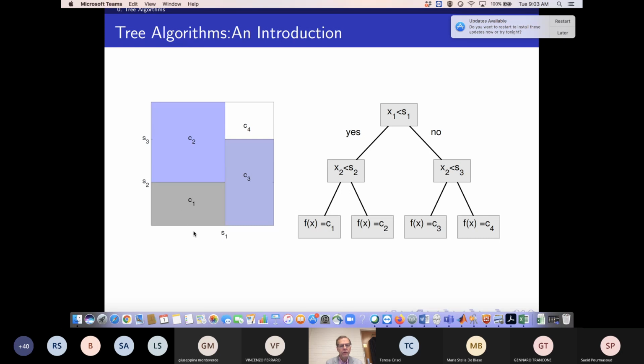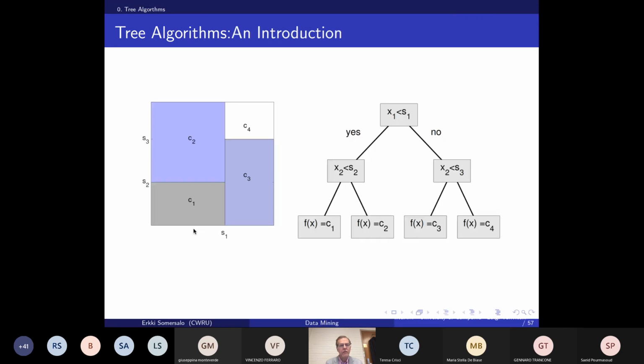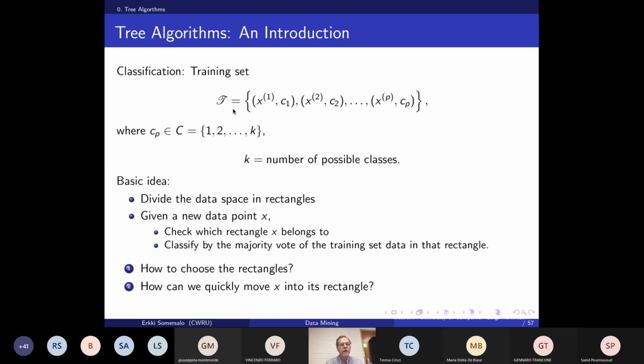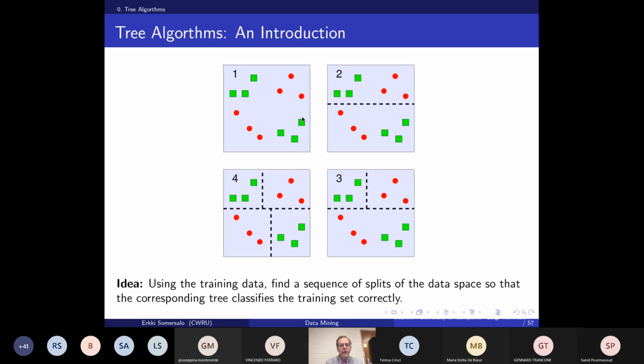So how do we make this choice? Here is my training set. You have x's and you have their classes. The idea was that you divide your data space, the data rectangle, into smaller rectangles. Once you have these rectangles, you check what sort of training data you have in each one of them, and the training data is voting.